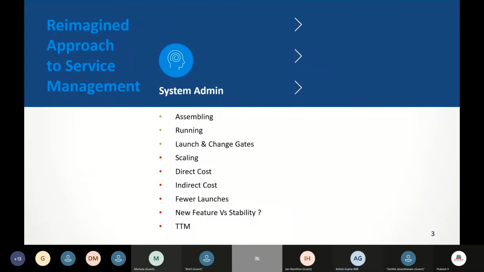The bigger problem at that time was that the system administrator role was a linear role. The more applications you add, the more complexities you add to the existing application, you would have to scale the team. If you have, let's say, 100 tickets coming in on your monthly volume, then you will have, let's say, 5 people. And if it goes to 200, then the number has to increase to, let's say, 7.